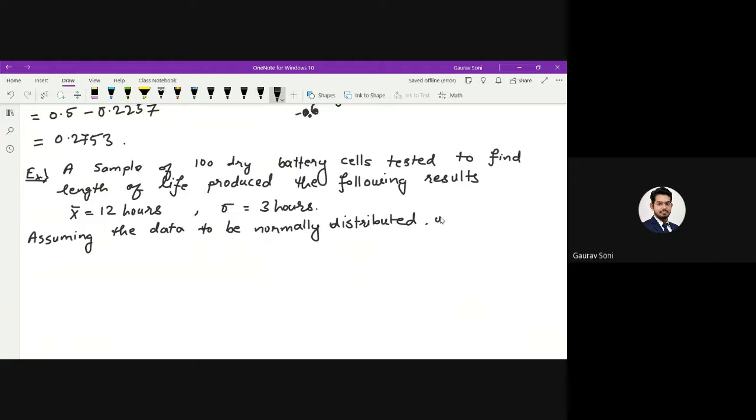What percentage of battery cells are expected to have life?